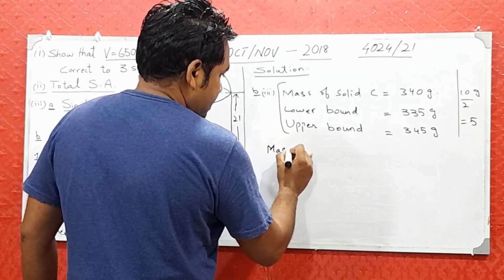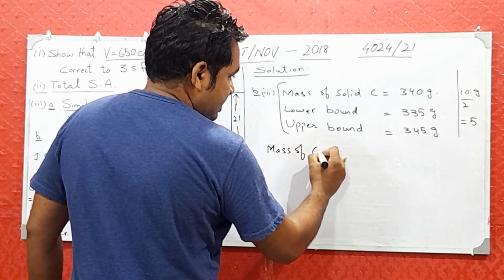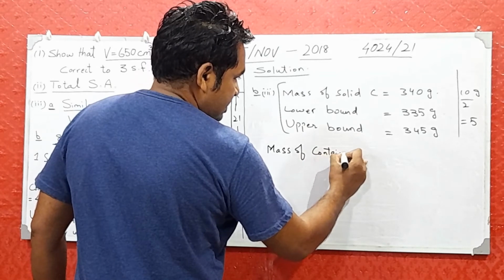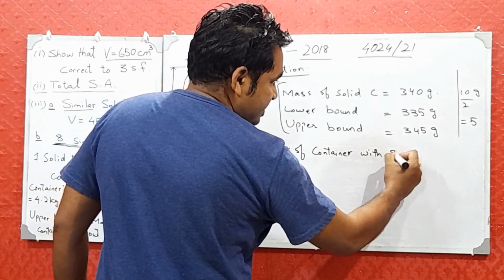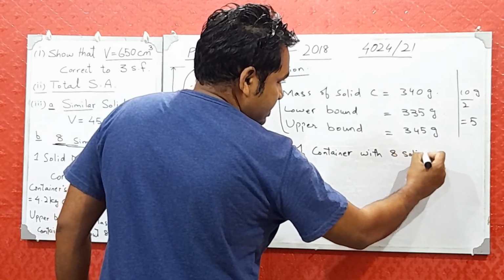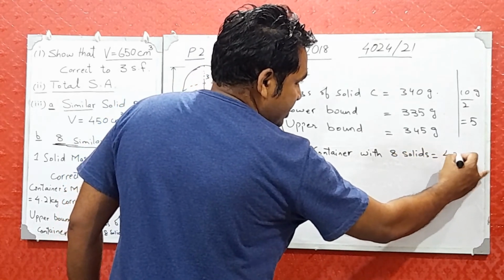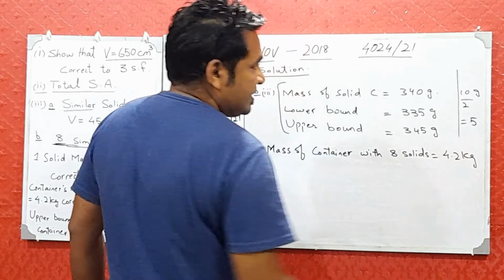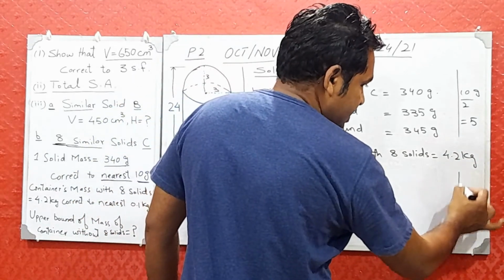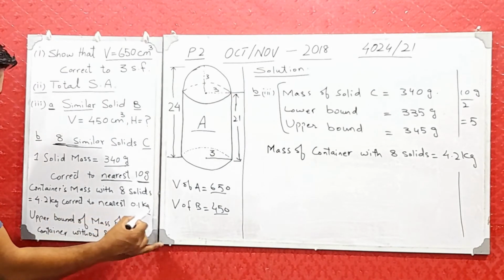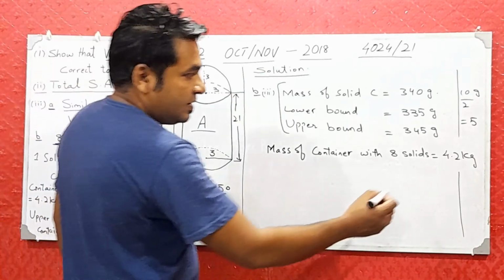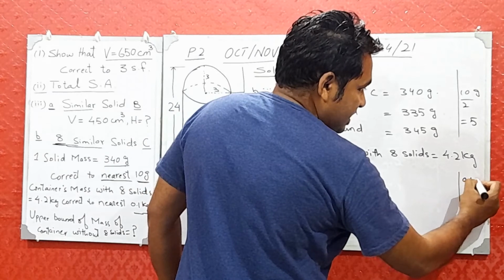Mass of container with 8 solids is equal to 4.2 kilogram, which is correct to the nearest 0.1 kilogram.